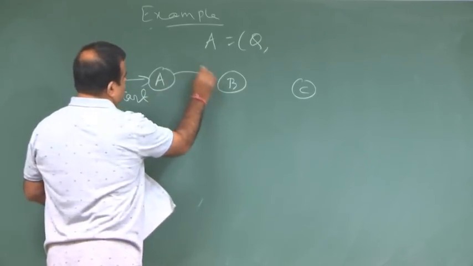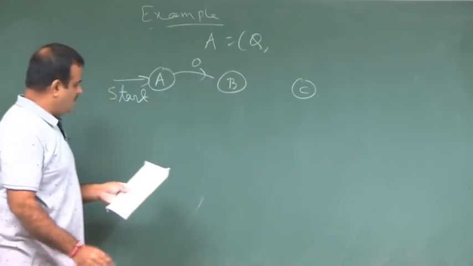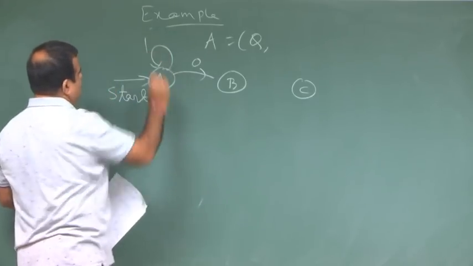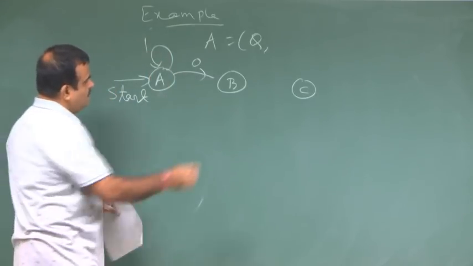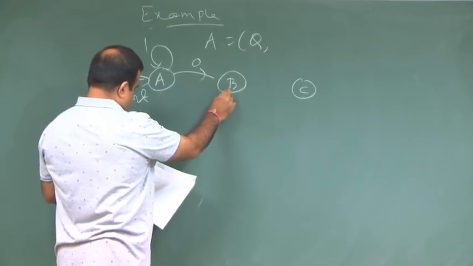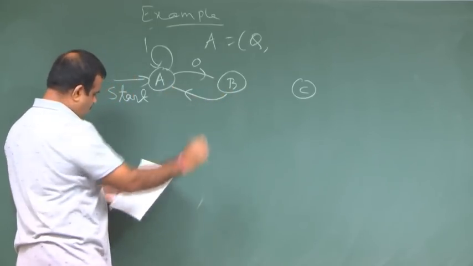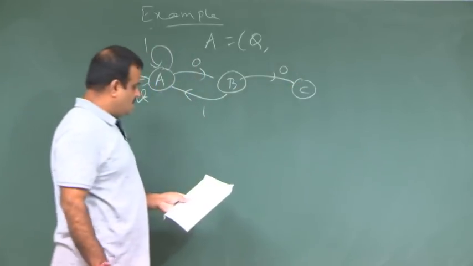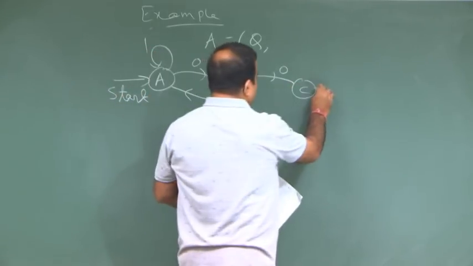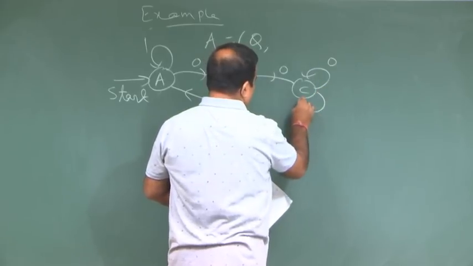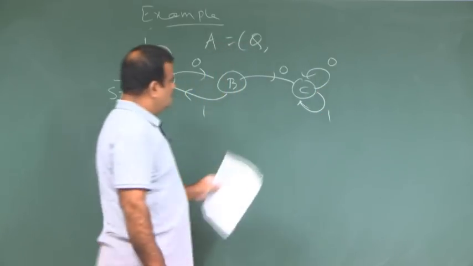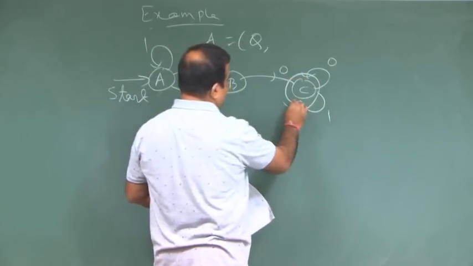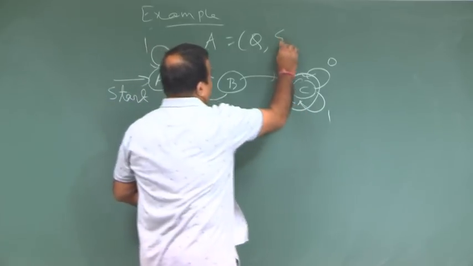From A, if we see a 0, we will go to B, and if we see a 1, we will remain at A. From B, if we see a 1, we come here, and if we see a 0, we go there. And from C, this we refer to as a final state.